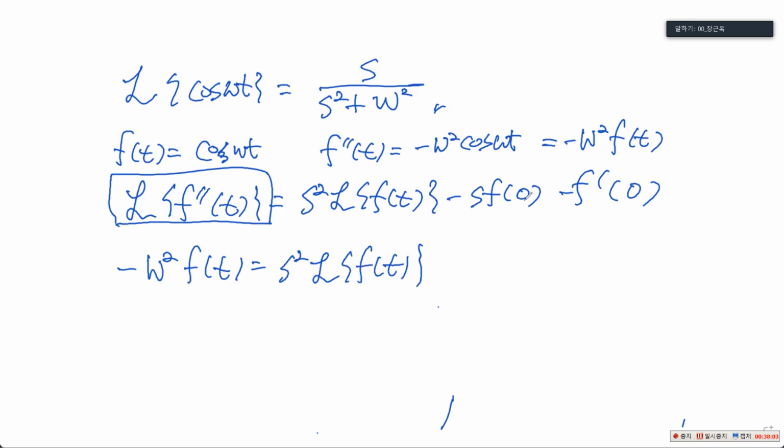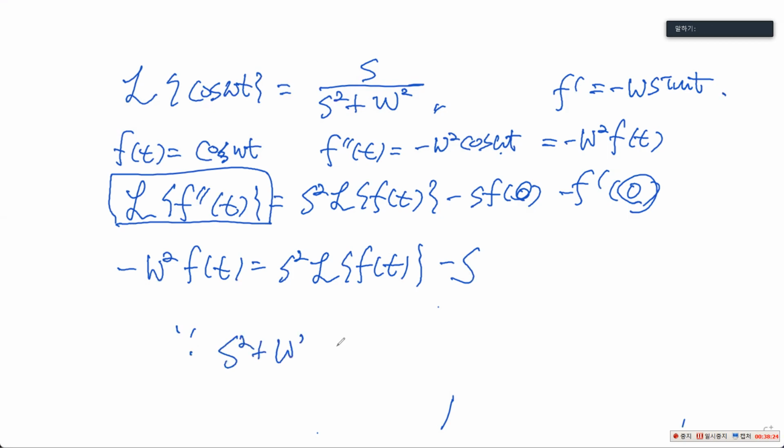So what is f(0)? What is the value of f(0)? 1. So it is minus s, and f prime is minus omega sine omega t. So put in 0, it becomes 0. Okay, so finally we have an equation for s, so we can derive that.